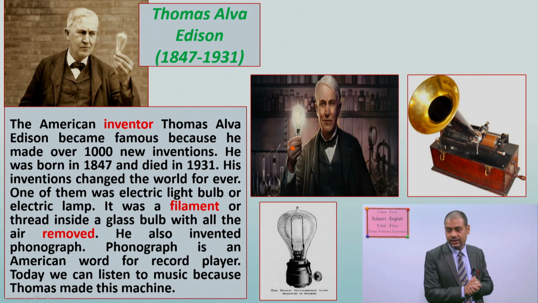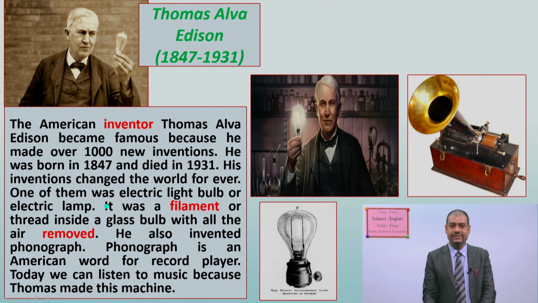That's why it is one of the boons for the people, okay? That's why Thomas Alva Edison is very famous. And don't forget that one of them was the electric light bulb. Nowadays you can find every house has this one, okay?